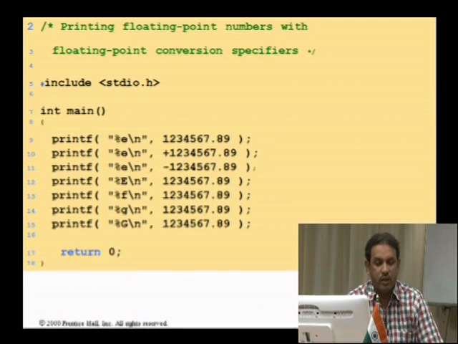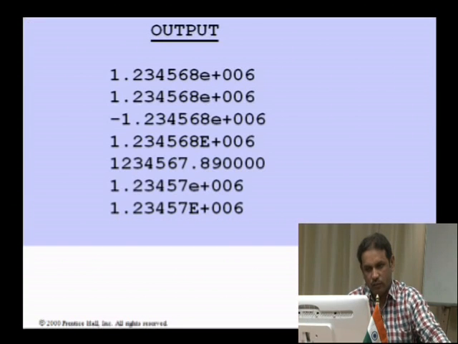So the same number in various formats, all valid. e is the exponential format, lowercase e or uppercase E, %f is a float number, and %g will eliminate the trailing zeros. We'll see here.